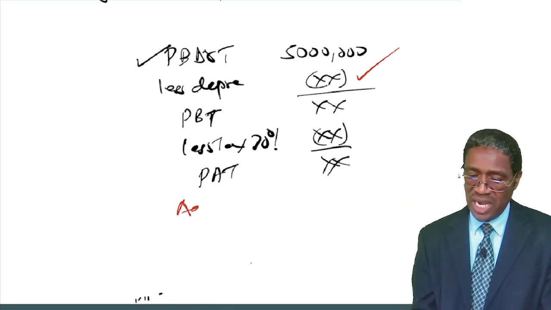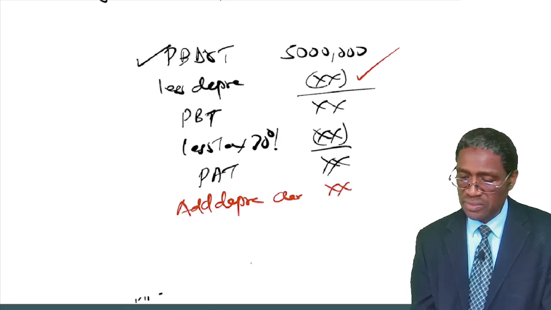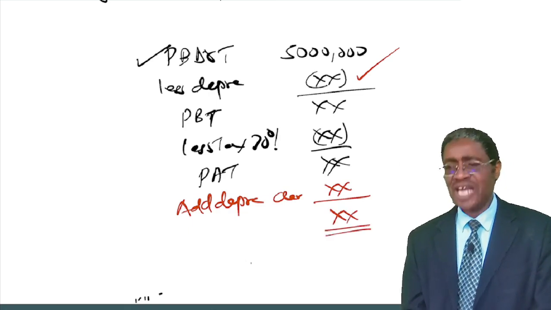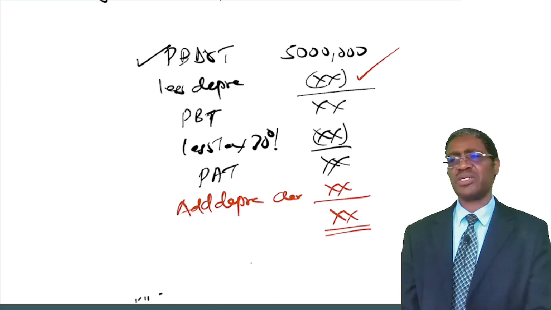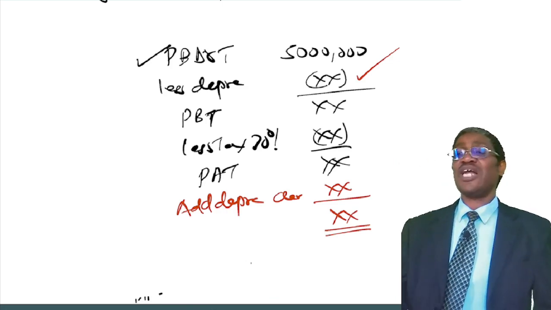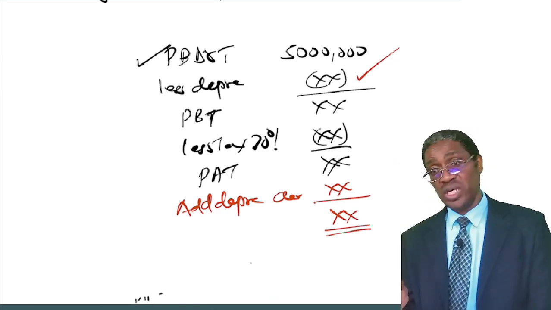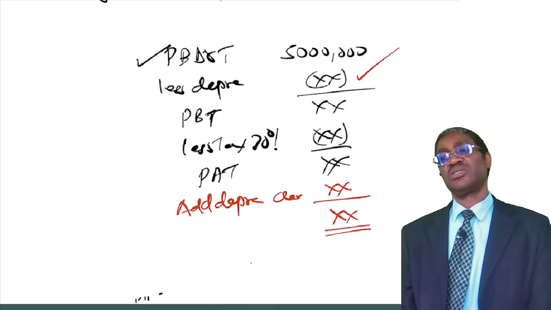Now you come and add back that depreciation charge. You don't subtract. You add it back. That will give you the true profit if everything in the income statement was by cash. And that now is how you convert the profit before depreciation and tax into cash flows.